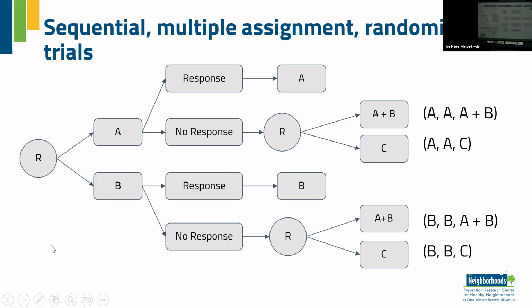I'm just curious, what if it's not the response, but it's the environment that someone's in at the time that makes them not respond to the treatment? And there's not a textbook control group, if I'm understanding this correctly. So you don't ever compare to someone who gets nothing. Is that right? You could have one of your initial stages be nothing, like you could have a control group here.